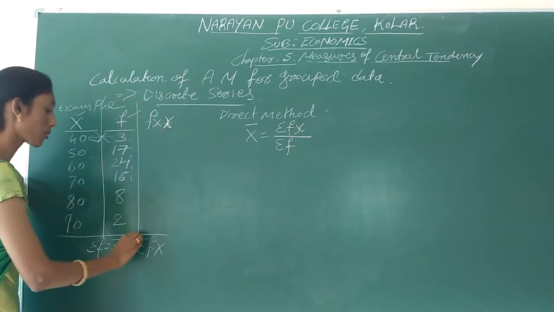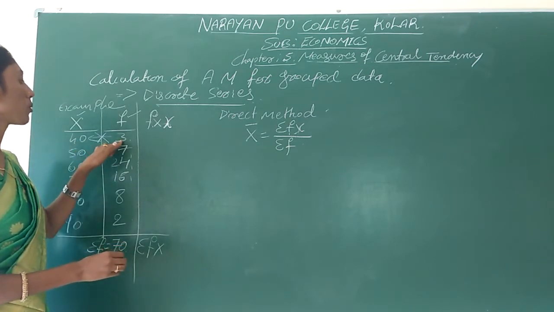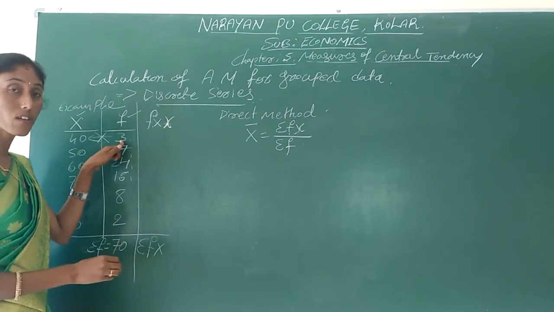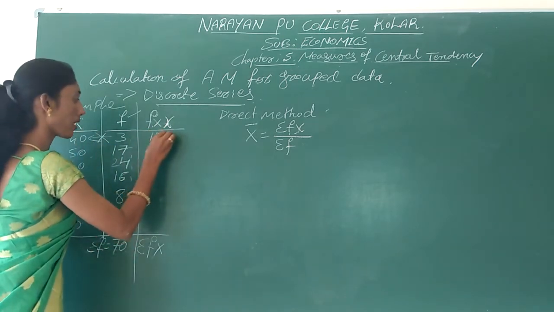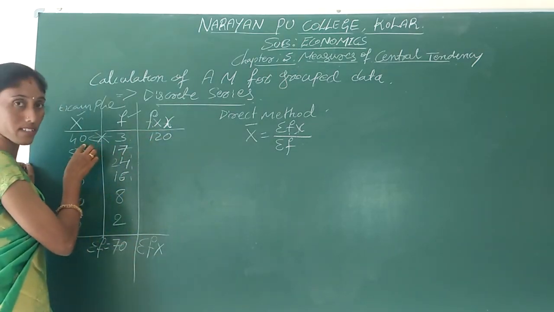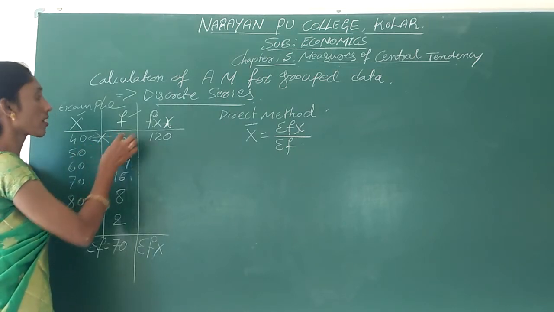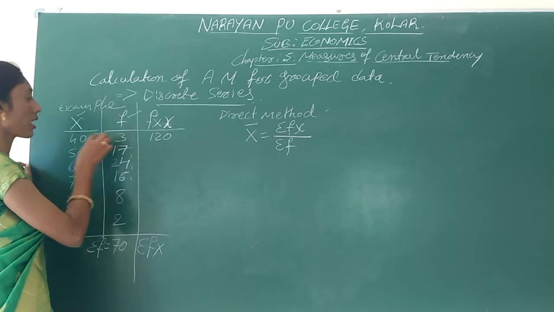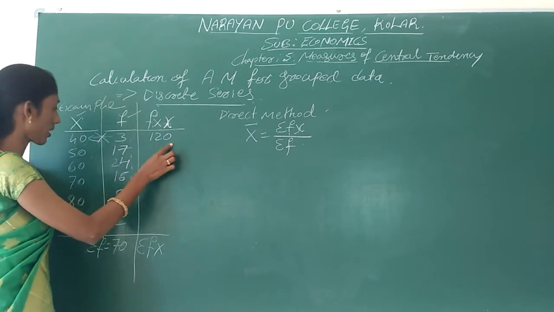Now, come to the next one. 40 into 3, how much? 120. Observations are x and frequencies are f, so f into x means 3 into 40, 120.